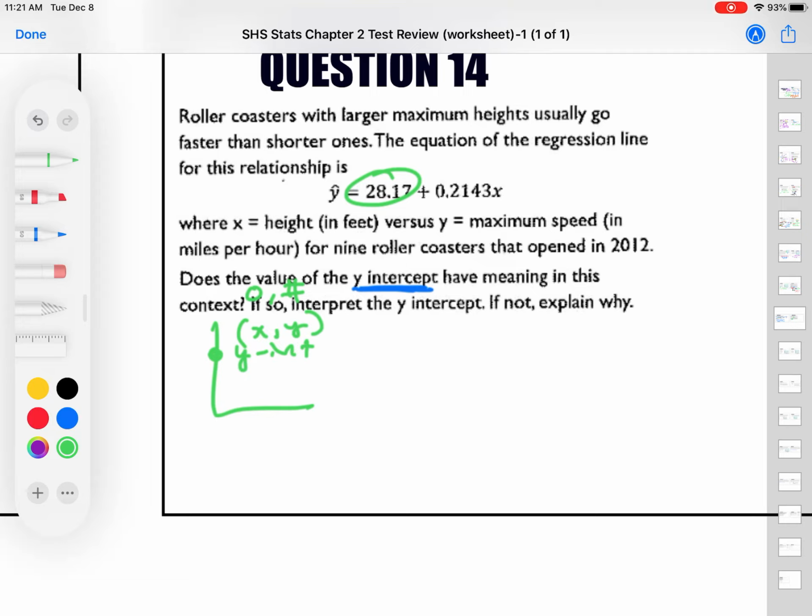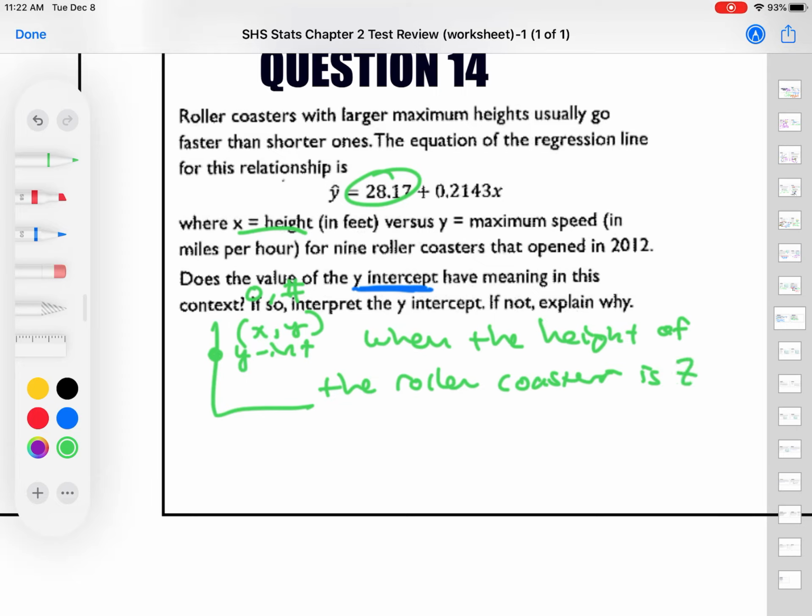So we can say when the height of the roller coaster, remember x represents height, is 0, the max speed is 28.17. Now, you should also mention if this makes sense or not.